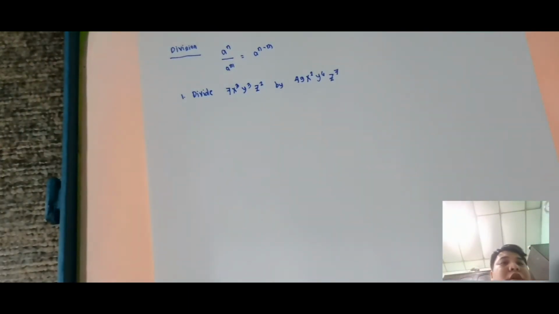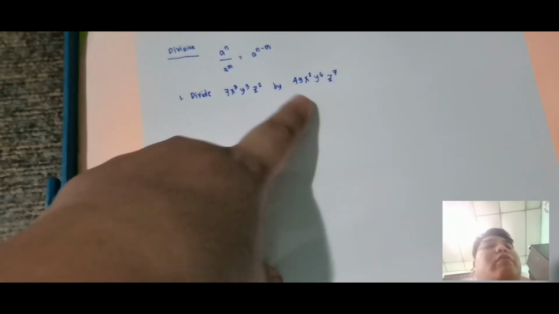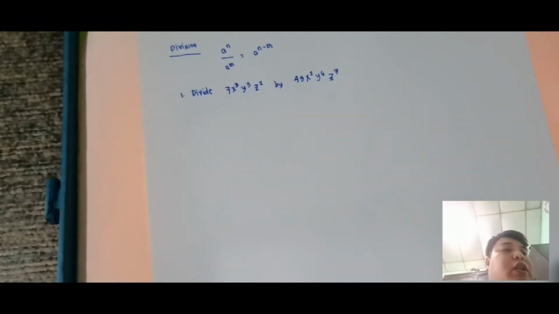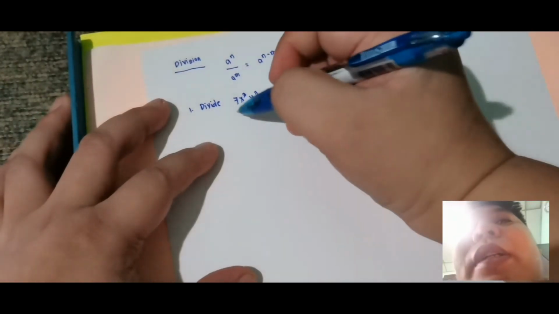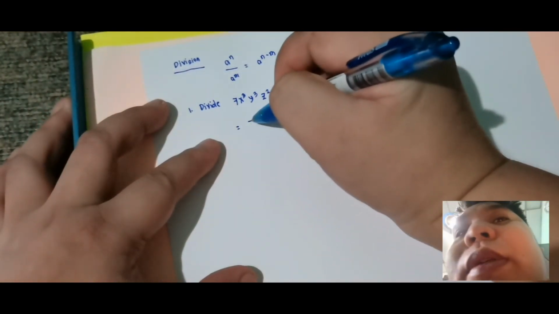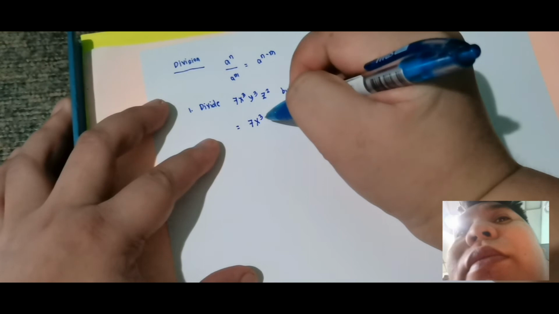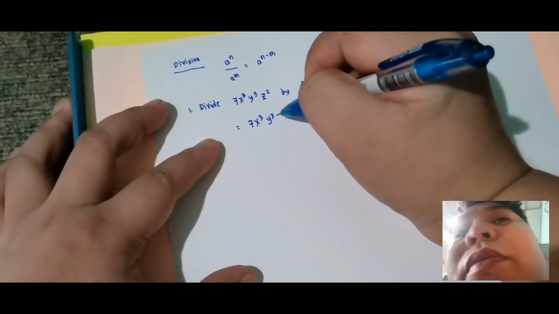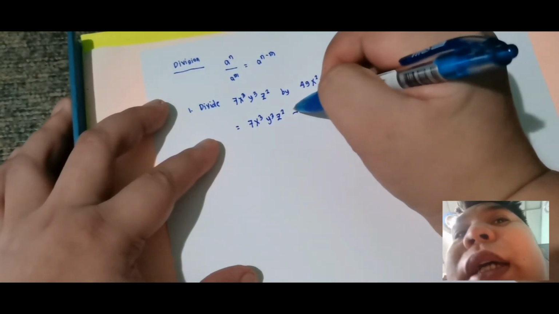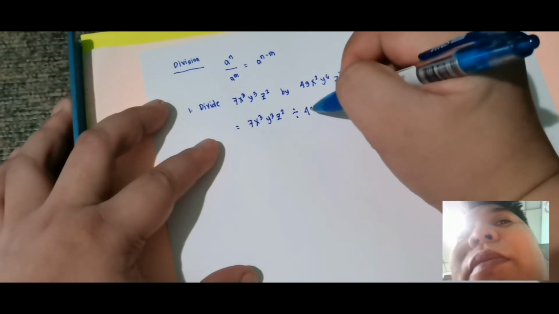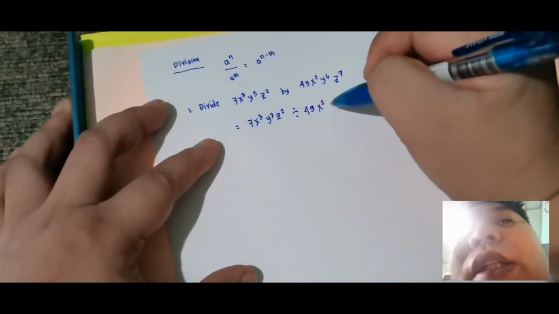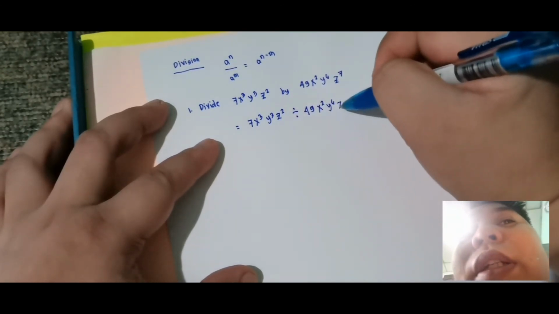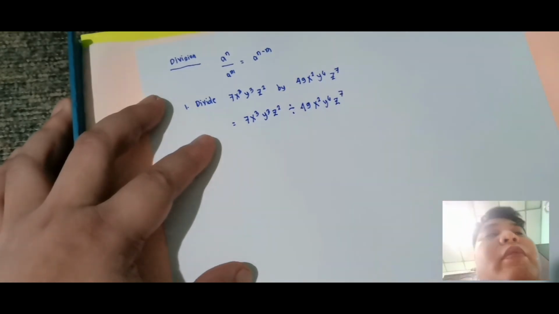Okay, so word na by, so meaning ito pa rin yung dividend, ito pa rin yung divisor. So ang gagawin ko na lang, ibig sabihin nito, this is equal sa 7 x cubed y cubed z squared divided by 49 x squared y raised to 6 z raised to 7.